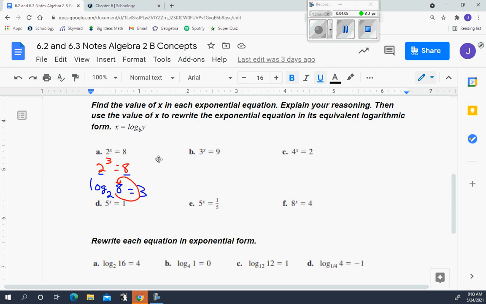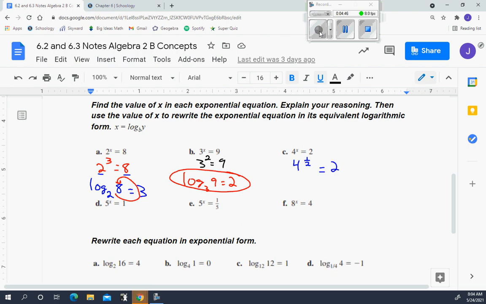Next one. 3 to the what power equals 9? Well, I know that 3 squared equals 9. And I know that log base 3 of 9 equals 2. Okay. Next one. 4 to the what power equals 2? This one, you either kind of get it or you don't. You can mess around with some numbers, but I know it's going to be less than 1. I'm going to say 4 to the 1/2 power equals 2.